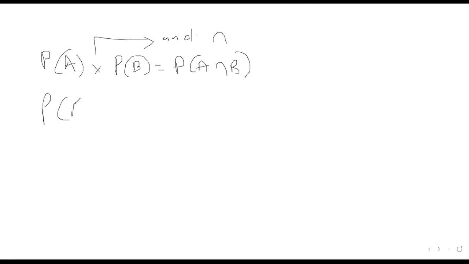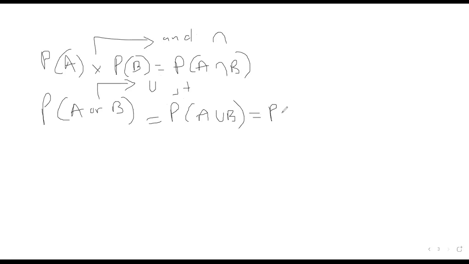Then probability of A or B, or means what? Union. Good, union. It is also addition. So A union B is given by the probability of A plus the probability of B minus the intersection.